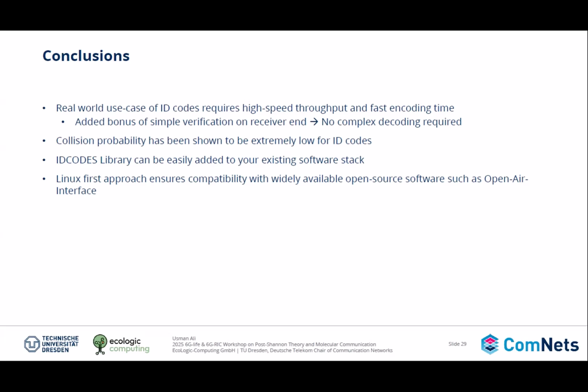We also have some collision probabilities and benchmarks that I didn't show today, but those are also in proven theory, and you can also use our library to do this kind of testing in a brute force way to check how many collisions you obtain. And yeah, so that should be it.